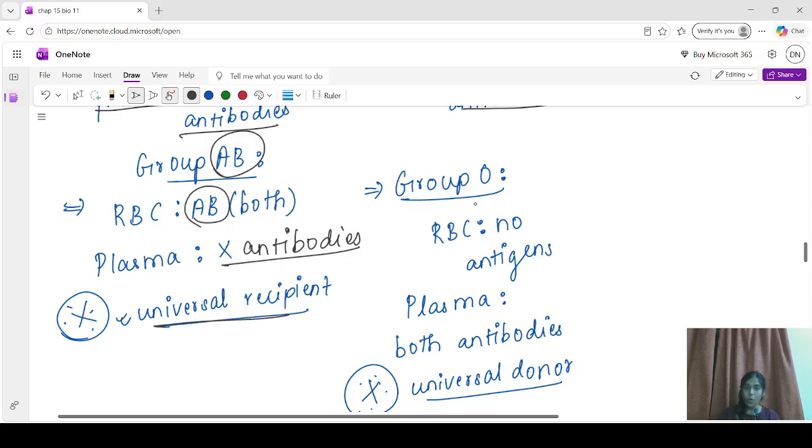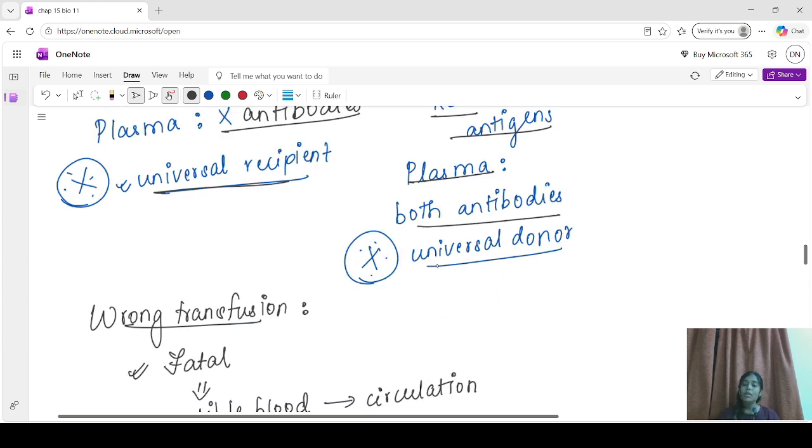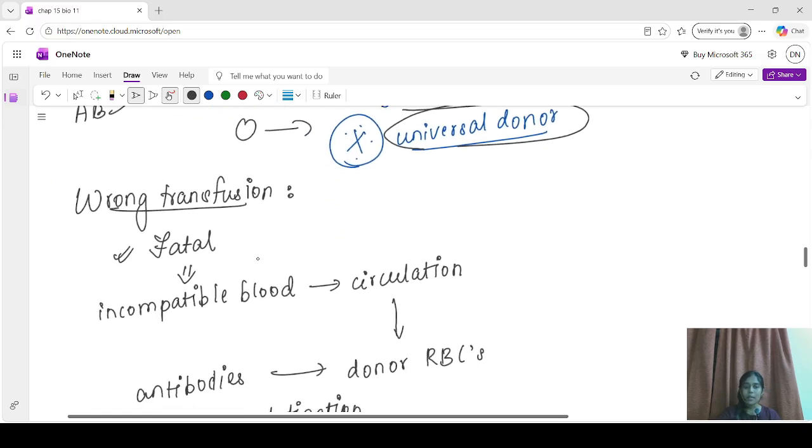And in group O, RBC contains no antigens and plasma contains both antibodies, so it acts as the universal donor. So what is the universal recipient and what is the universal donor? AB acts as the universal recipient and O acts as the universal donor. This you have to keep in your mind.